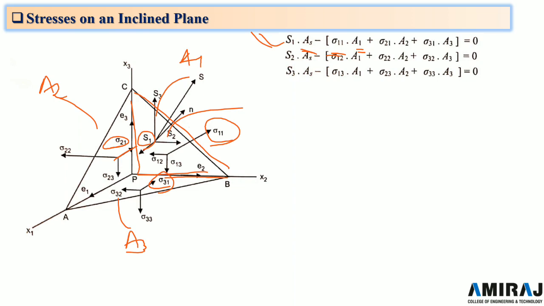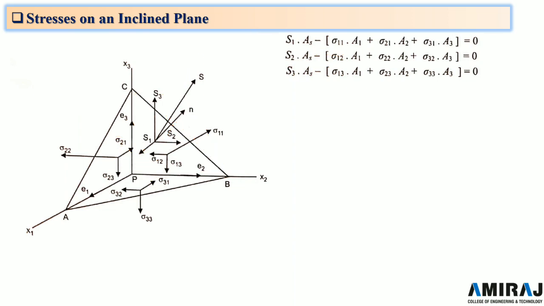Similarly for the other components, the plane ABC should remain in equilibrium if these three S1, S2 and S3 are resolved in a similar way. Let the components of the unit normal vector to the inclined plane ABC be n1, n2 and n3 with respect to x1, x2, x3 respectively.